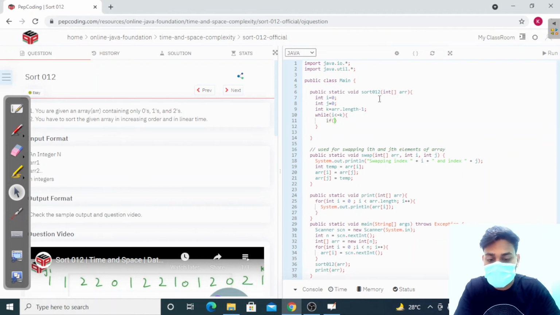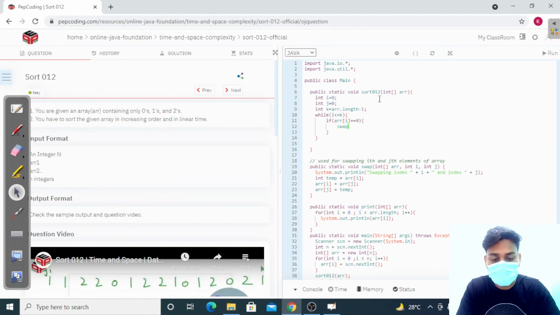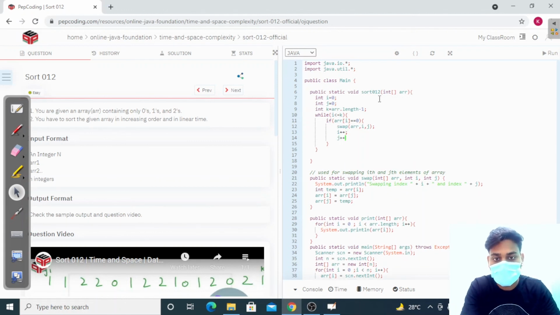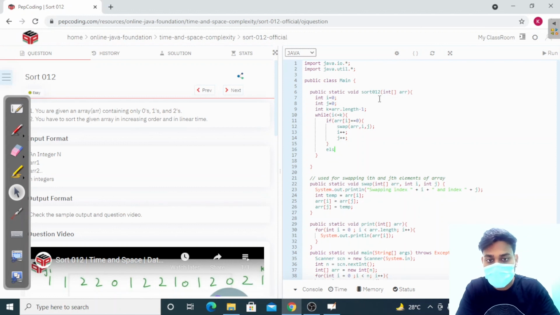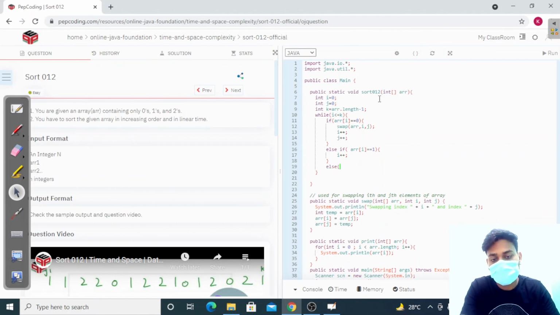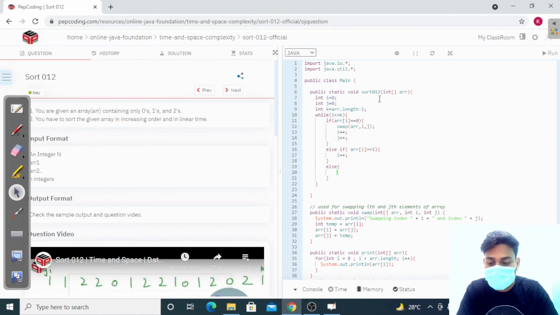So the first condition will be if arr of I equal to 0, what we have to do? We have to swap arr I and J, and we simply increase the value of I and J. Else if arr of I equal to 1, in this condition we simply increase the value of I. And else if arr of I equal to 2, what we have to do?